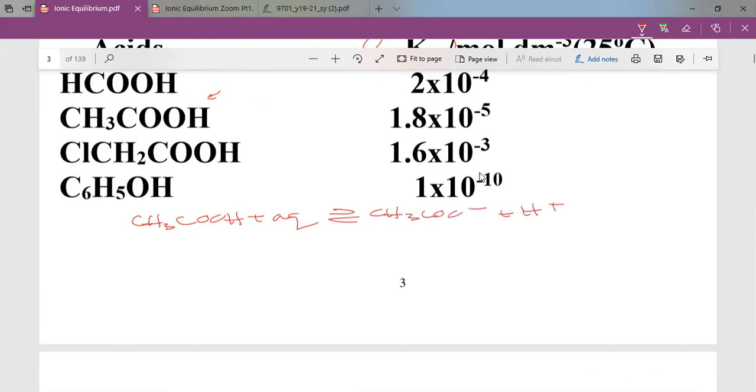So your Ka, no Kc anymore, equals the concentration of CH3COO minus and H plus over the concentration of CH3COOH.